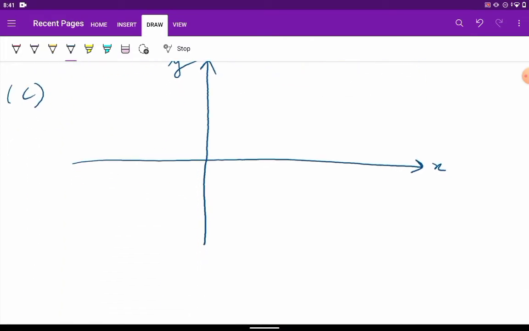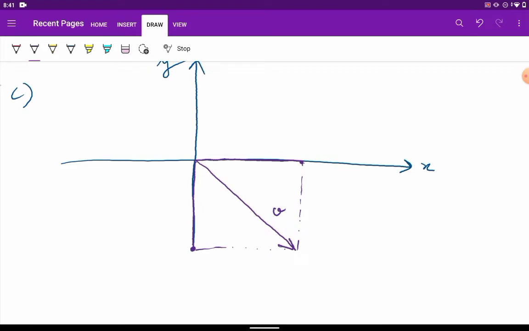So let's use this color for velocity. The x component is positive, the y component is negative, so it will be something like this. Let's say this is your v vector.